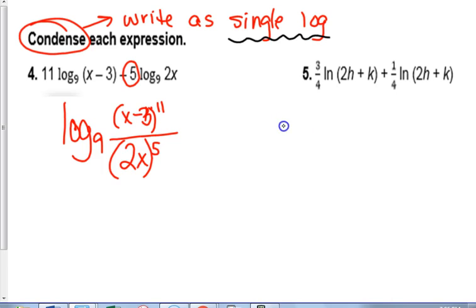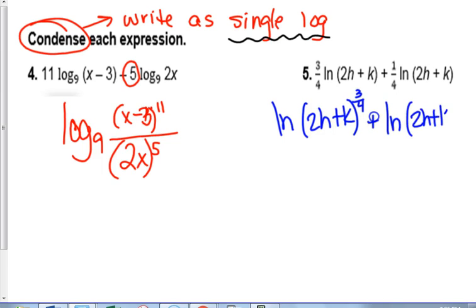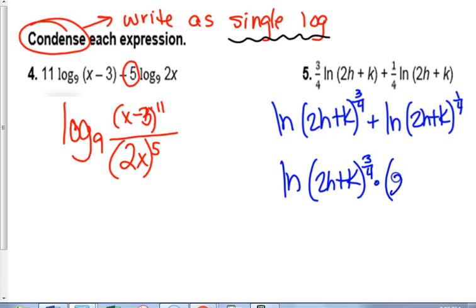Okay, Basma, you think you got it? So since these are the same thing and they're being multiplied, she said you can add the exponents. 3/4 plus 1/4 is... My cursor just left me.